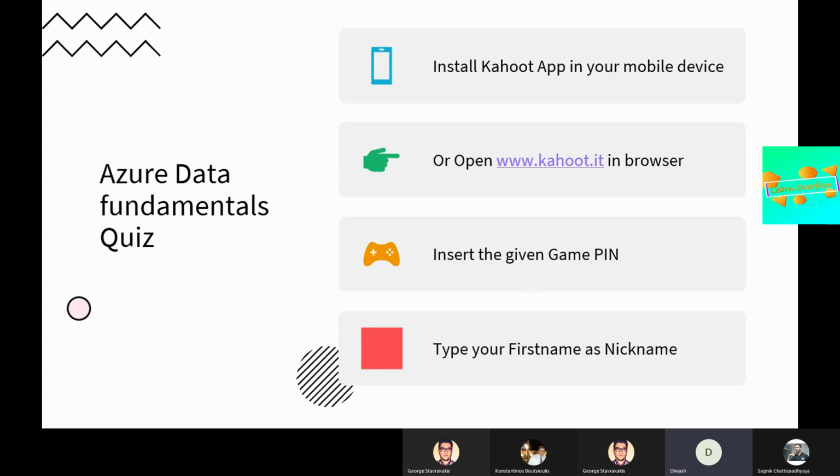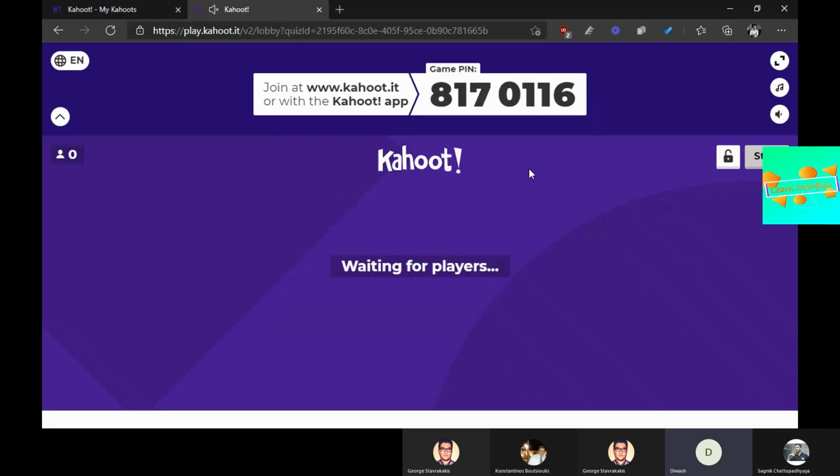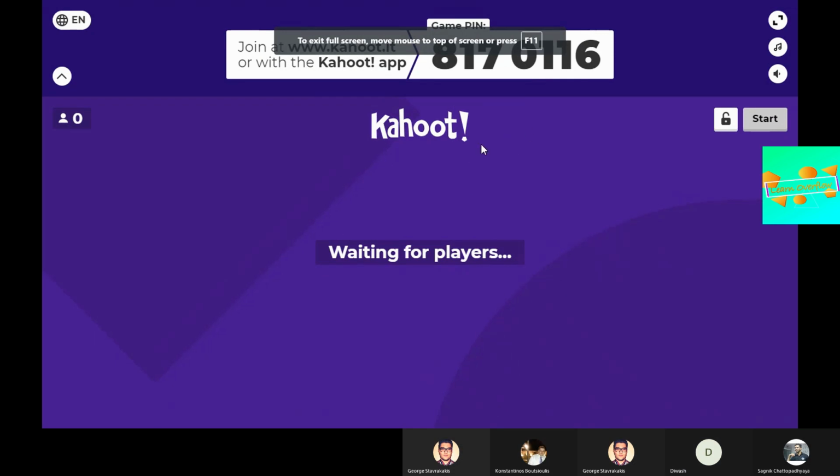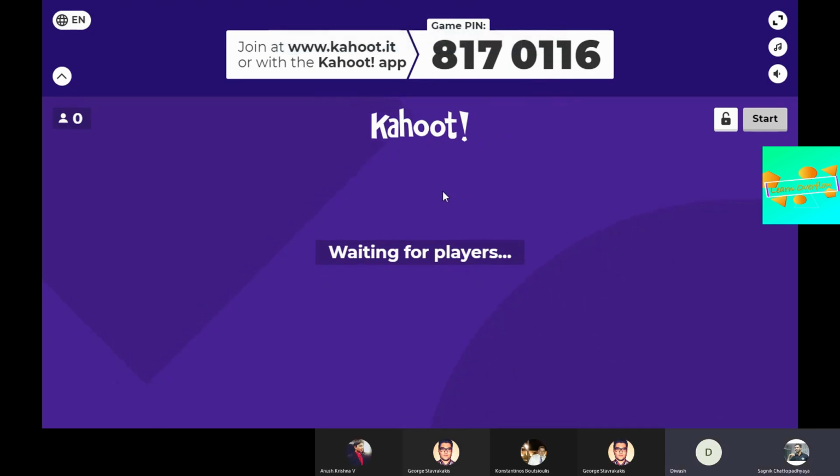Go ahead. After installing the app, we need to enter the game pin. I will share the game pin here. Can you see the game pin? The first one, right? Yes, 8170116.